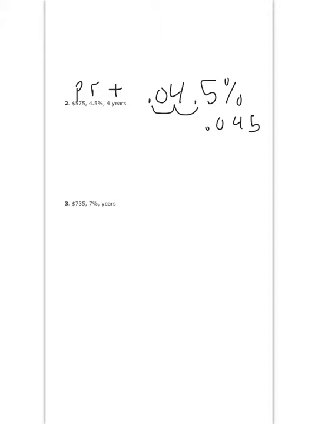Now we have 575, 4.5, which we converted to 0.045, and 4 years. Now we have to write the formula down: I equals principal times rate times time. So interest equals 575 times 0.045, sorry, times 4.